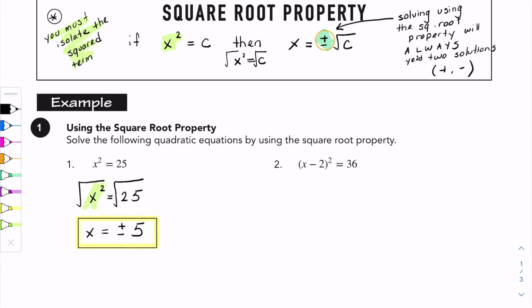Number 2 has an expression that's squared, but this is still the entire squared expression. So this already is isolated.